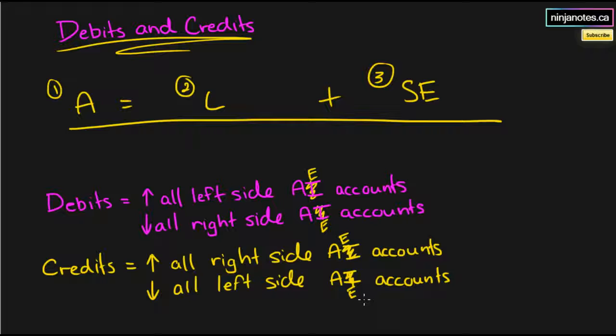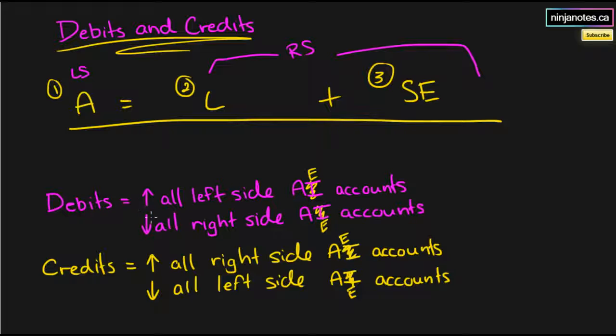Debits are going to increase all of the left side accounting equation accounts, AE for short. This is the accounting equation: the left side is assets, and the right side is liabilities and equity. So if I were to debit any of the left side accounts, like cash and receivables, which are all assets, I would be increasing the balance in those accounts.